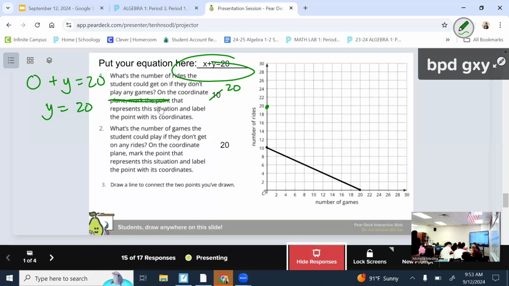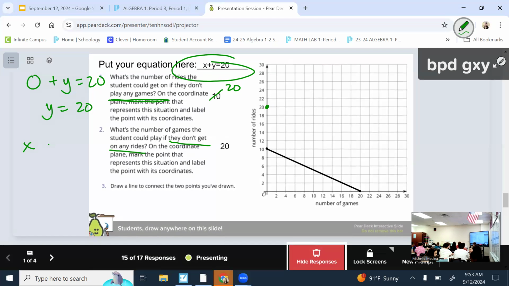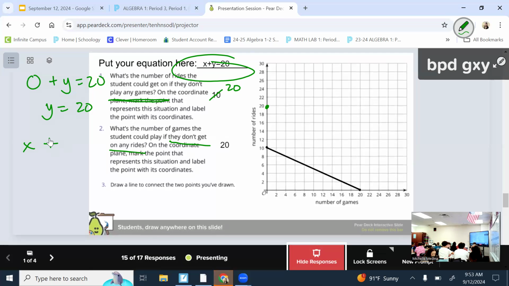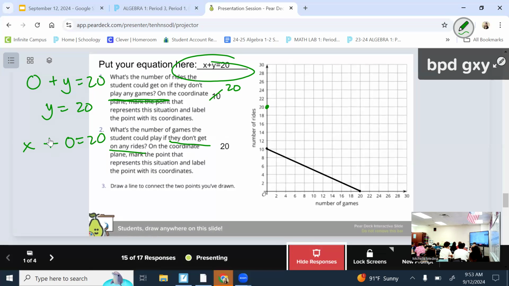Now, if we want to figure out the number of games, so we want to figure out what X would have to be, it's going to be X in the equation. And it's going to be when they don't get on any rides. What variable is for rides? Y. And if they don't get on any rides, what does Y have to be? And then you solve for X. So what's X plus 0?